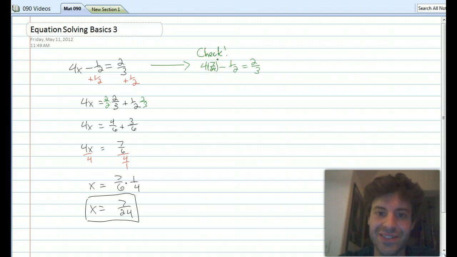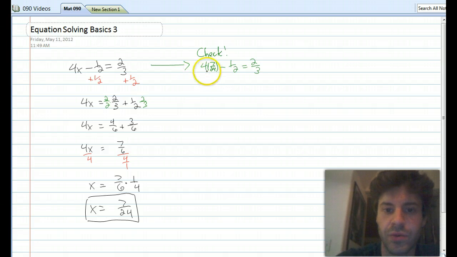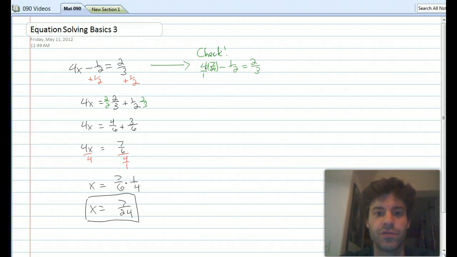Now the question is, is that a true statement? Is that equation true? If it is, we know that our solution is correct. It's going to take a little bit of work to see if that's true or not. The easiest way to do this is probably to think of that 4 as 4 over 1.